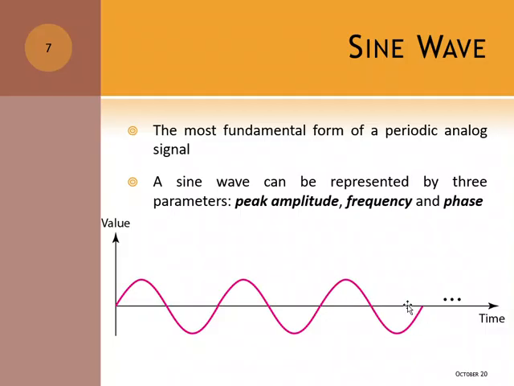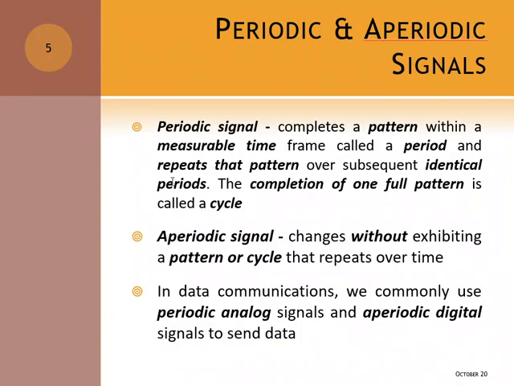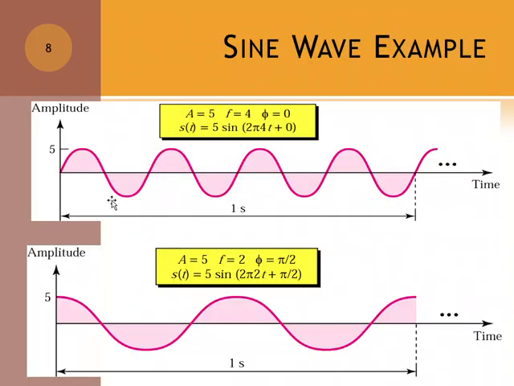Ini adalah periodic. Yang dua tadi adalah aperiodic, sebab tidak ada pattern. Yang ni ada pattern yang sama, maksudnya pattern dia tu seragam. Similar to this one, ini pun periodic signal, sebab pattern yang sama. The same pattern is repeated over time.